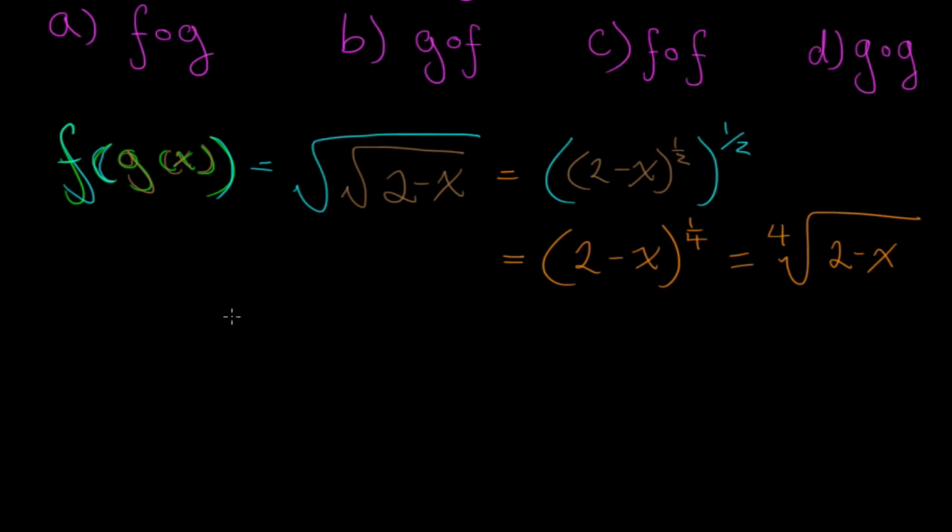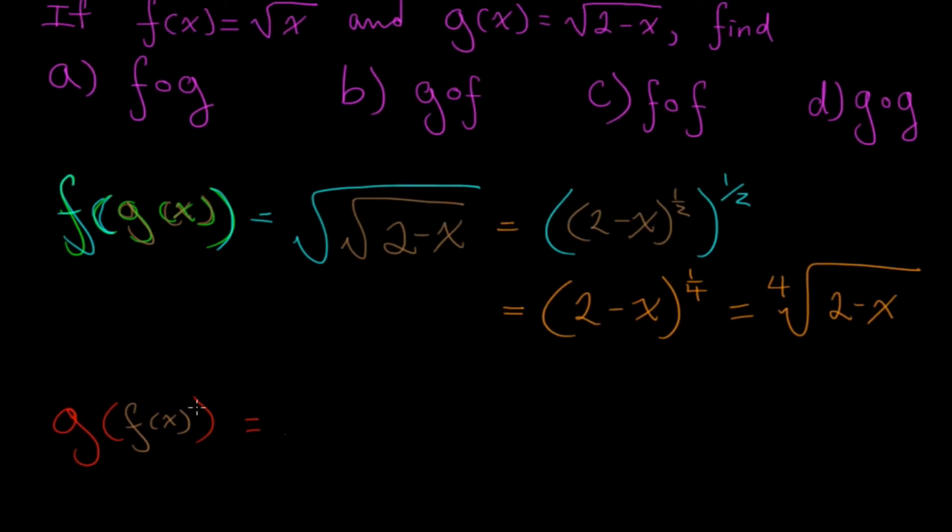Alright, so g of f of x. If you write it like this, that's g of f of x. And so we're going to write g of x first. I usually write the outside ones, I don't know why, even though you're supposed to write the inside ones.